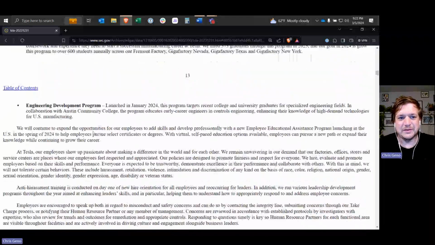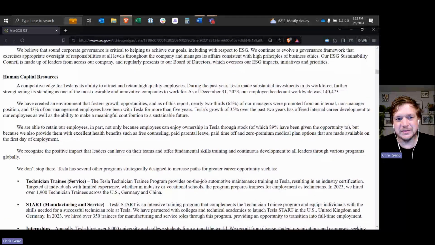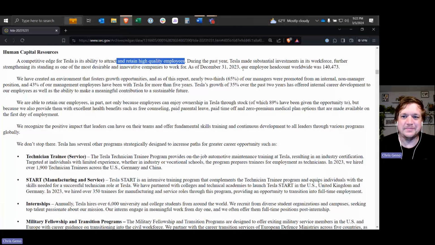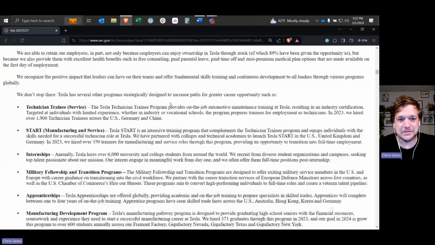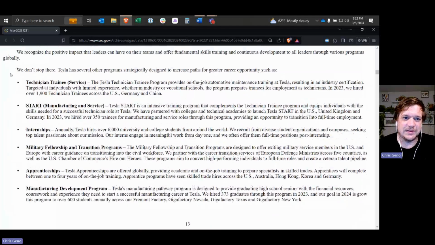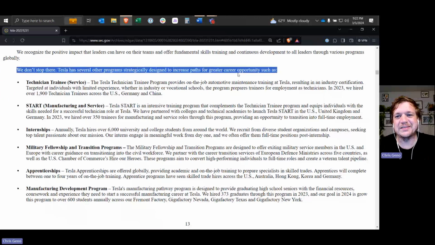They even include all of their human resources information, like how they try to retain high quality employees. They give you the worldwide headcount, 140,000 employees. This is a huge business. Just an absolutely huge business. And so they talk about all kinds of stuff here about how they're trying to provide greater career opportunities.